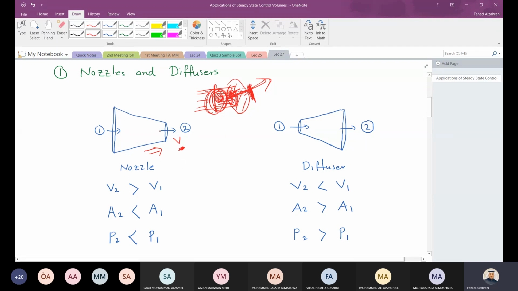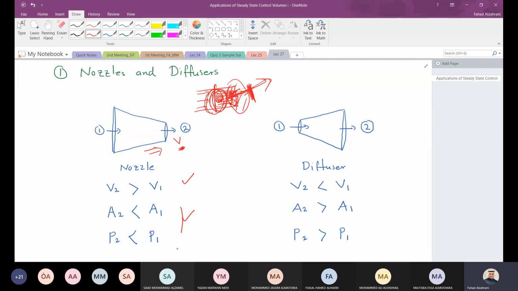The decrease in cross-sectional area causes pressure to build up at the inlet, which pushes the fluid at the exit at a lower pressure. So the velocity at the exit is higher than at the inlet, and the area and pressure at the exit are smaller than the area and pressure at the inlet. This is the objective of the nozzle.